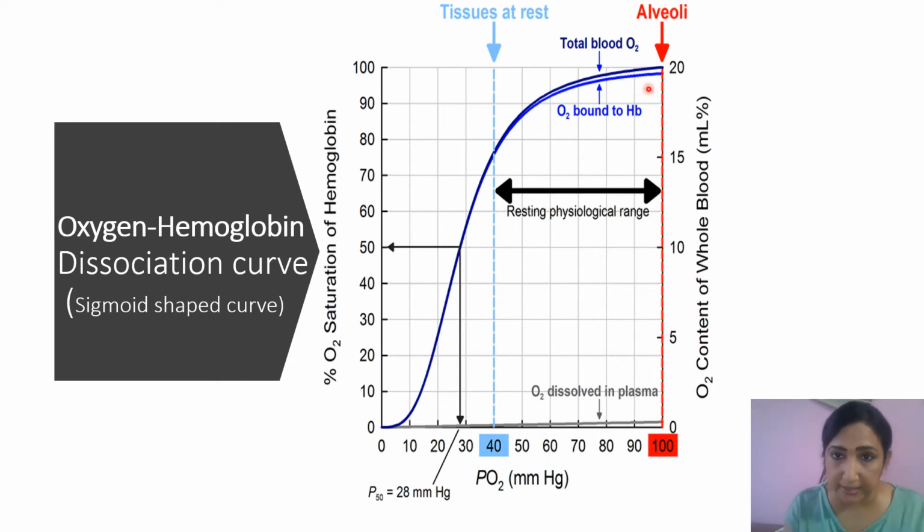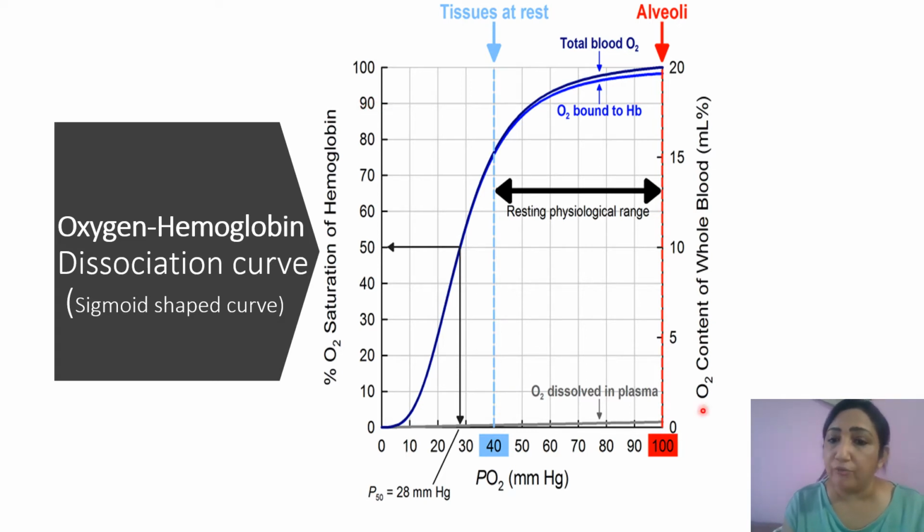Now you see here, from 100 millimeters of Hg to 55 millimeters of Hg, we can see this is the level. This is 50 millimeters of Hg, or you can say 60 or 55 millimeters of Hg. The percentage saturation is 90.